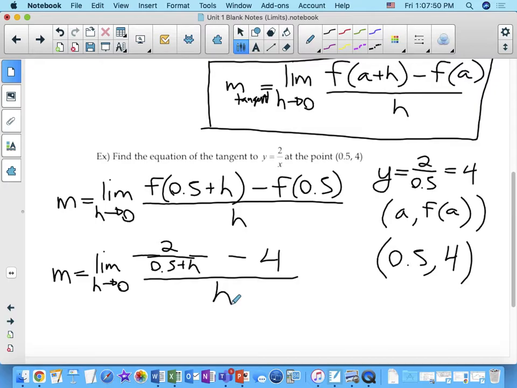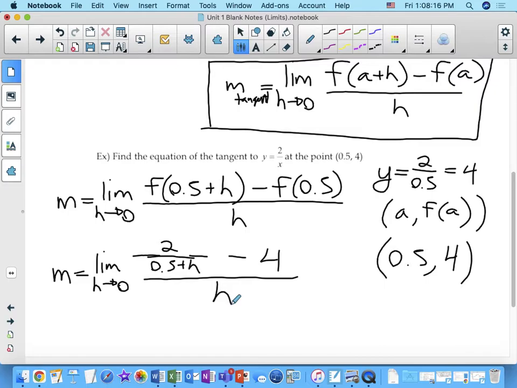Right? So I'm subbing this in for x into the function. I can't evaluate it because I don't know what h is. I'm looking at h as it approaches 0. What I'm hoping is that I can do something algebraically here to make the h in the denominator cancel. That's what I'm hoping will happen.